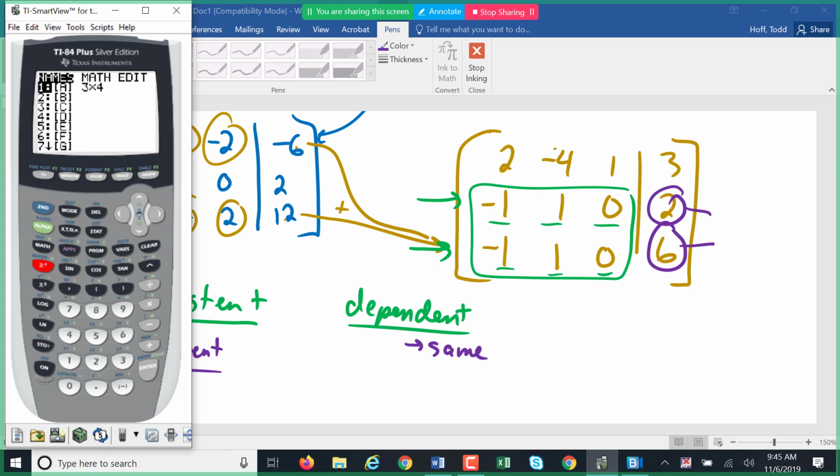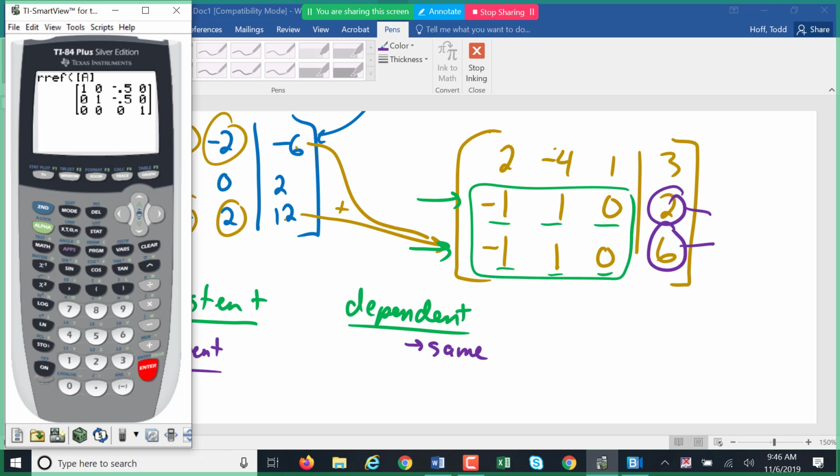I go back and do my matrix calculations, my math. I'm looking for RREF, reduced row echelon form. And I go matrix, select matrix A. And you see it will not reduce it to row echelon form. It doesn't give me zeros in those columns.